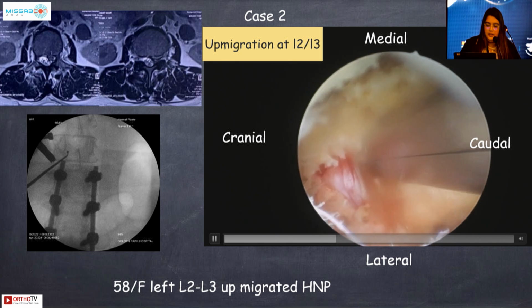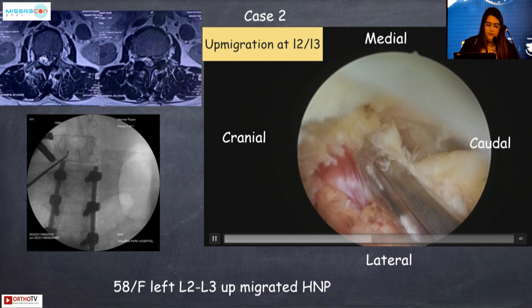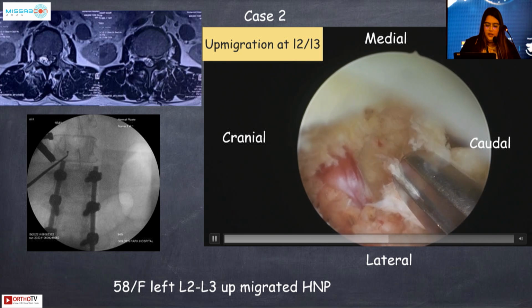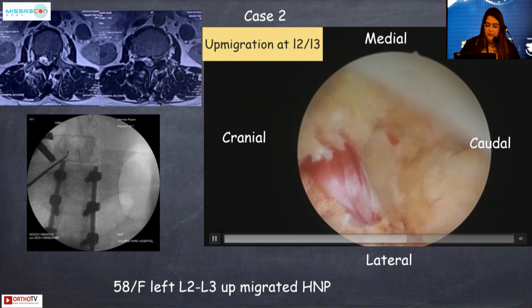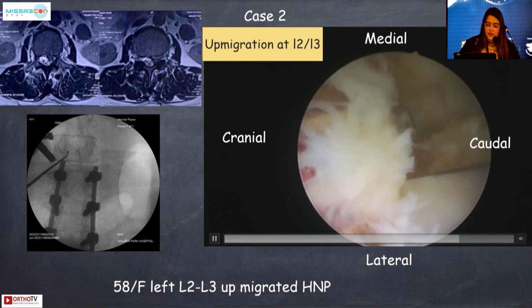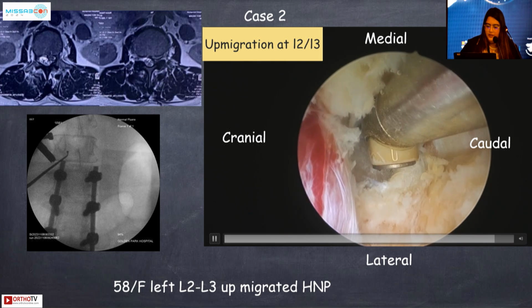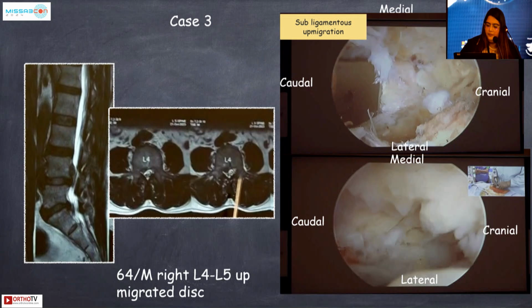And that is the exiting nerve root there from 7 o'clock to 9 o'clock position. And here you can see we have encountered some bleeding, which we will coagulate later. And now here is the final disc fragment. You can see the disc surface and the posterior vertebral body there.